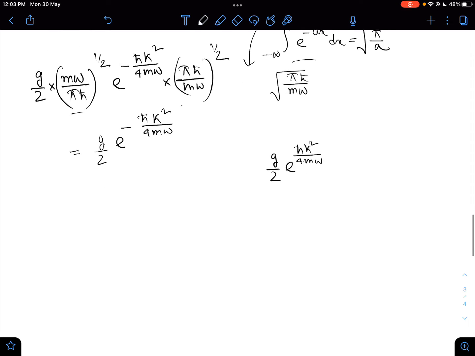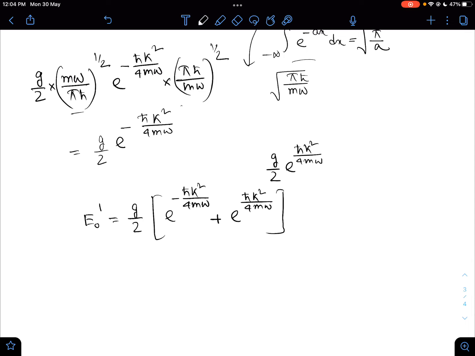So what is the correction term in energy? The correction term is the summation of these two integrals. So this is g by 2 e to the power minus ħk² by 4mω, and we have e to the power ħk² by 4mω. So this will be minus.